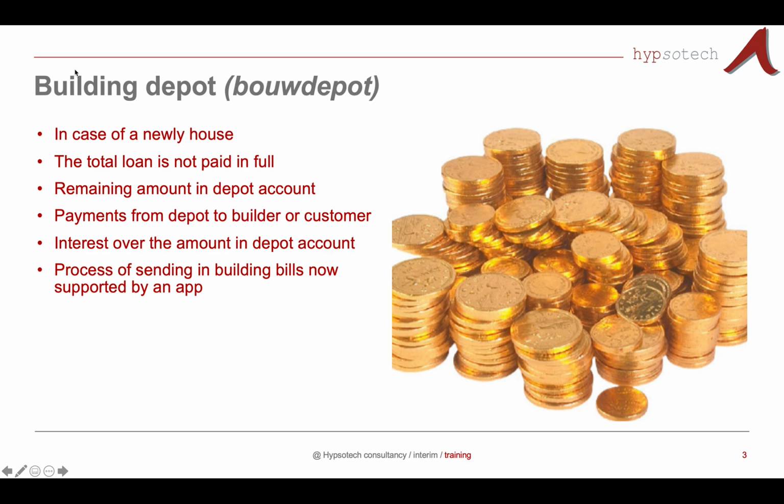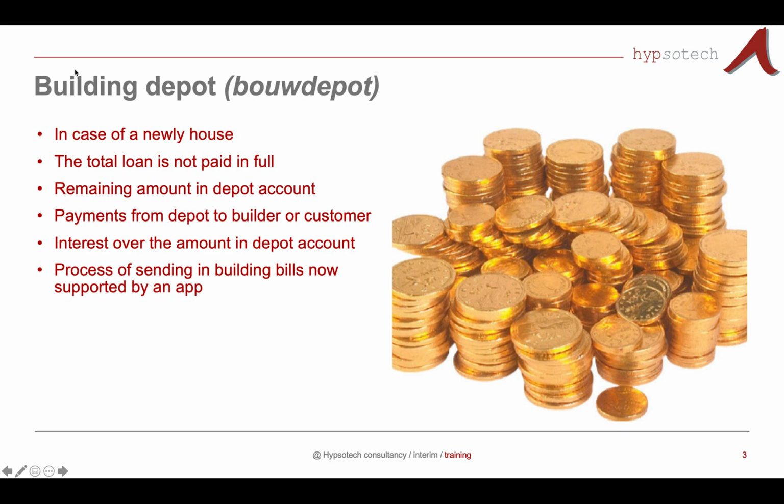In the last years, the process has been highly automated, and with a lot of lenders, this process is supported by an app. So a consumer can scan the bill of the builder. It's automatically sent to the servicing department, and from there the money is transferred to the builder or to the consumer.